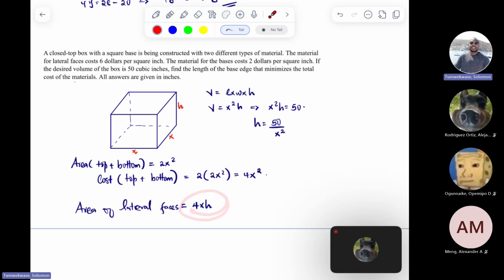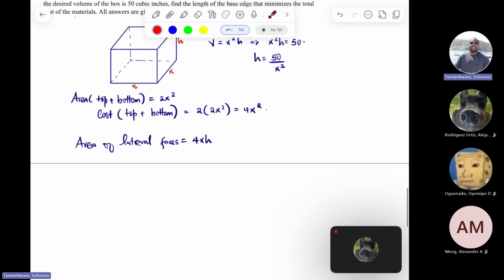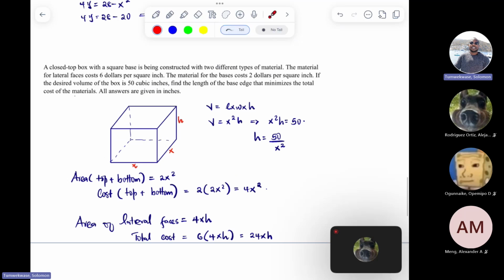So if we have 4xh square inches, then the total cost is $6 for each square inch times how many square inches we have, and this is 24xh. Now, we were interested in finding the length of the base, so finding the value of x that minimizes the total cost.